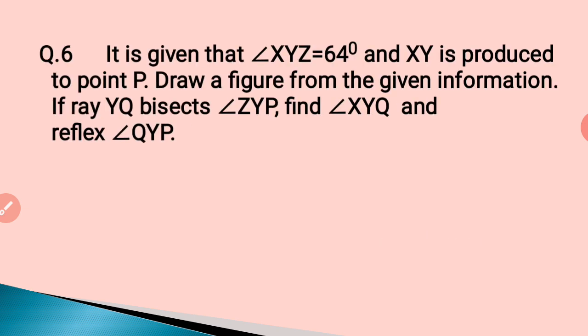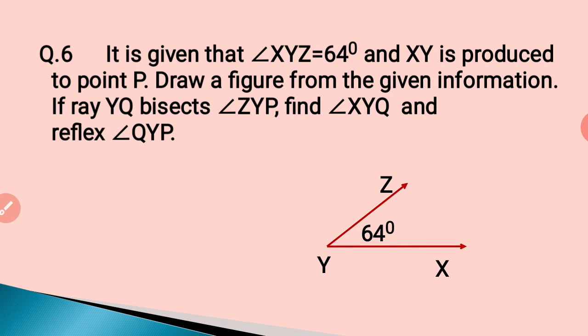Let's take on one more example. Here you have question number 6 as it is given that angle XYZ is equal to 64 degrees. So this is angle XYZ, which is 64 degrees.